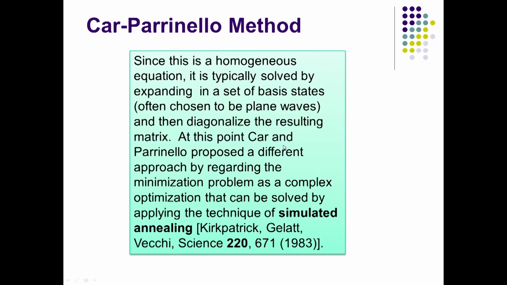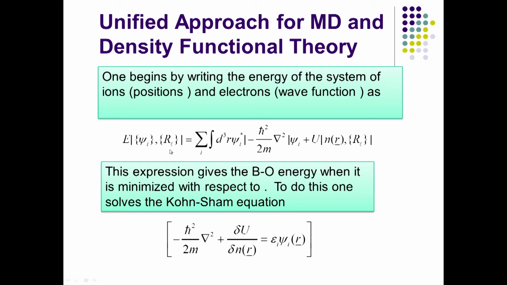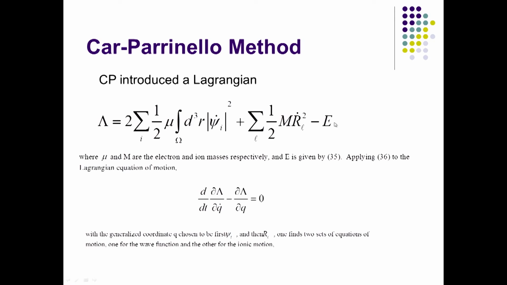Now, you remember from the previous equation we could calculate energy using wave function and the location of the ions, and that was calculated using this quantum mechanical equation. So, if you plug that E from the previous equations, now you have a full definition of the dynamics with respect to this density functional approximation.